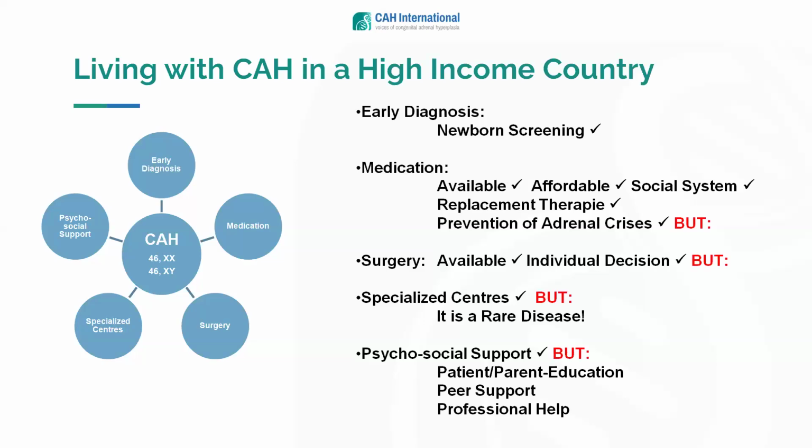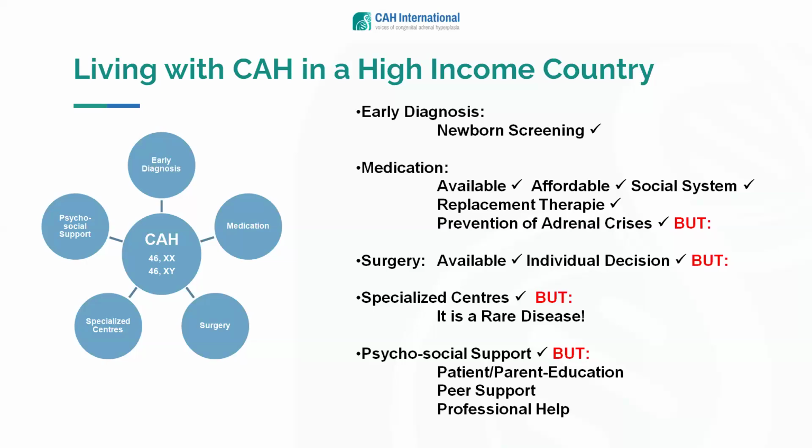So living with CAH in a high-income country, you see, we have so many of those factors in our countries. We have newborn screening, we have medication which is available, affordable, we have a very well-developed social system, replacement therapy. But I also put next to some of the points some buts.